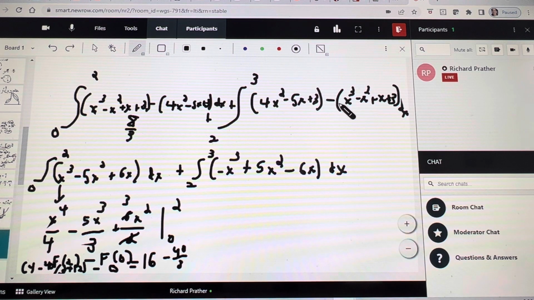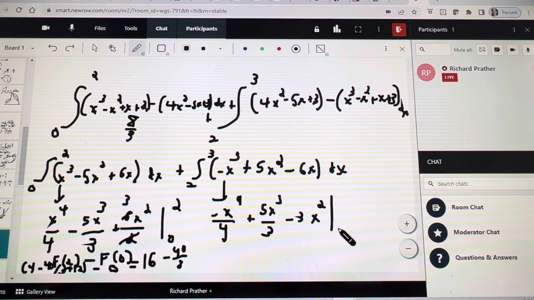Plus, now we'll do this one and see what that comes out to. And everything's the same, you just have opposite signs. So there should be a negative x to the 4th over 4, a plus 5x to the 3rd over 3, and a minus, I'll write it as 3x squared.